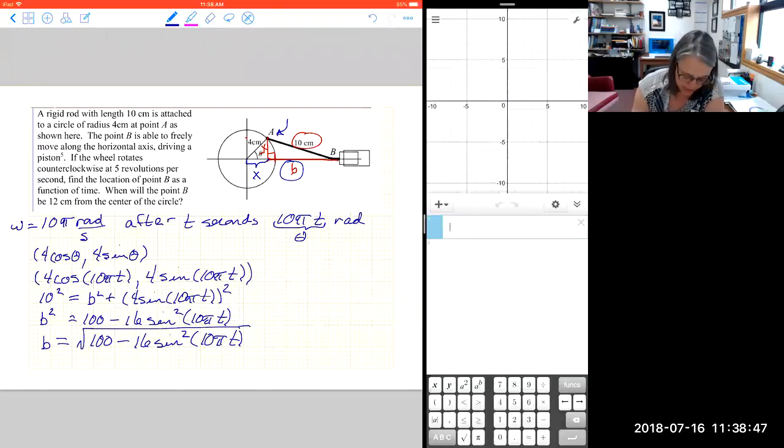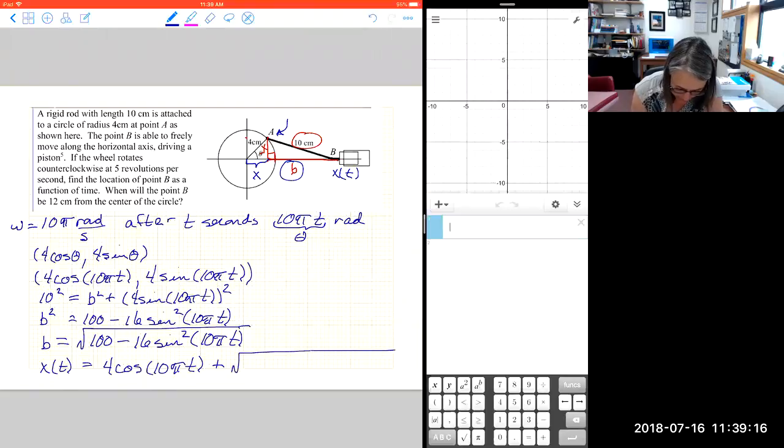So my x of my rod, which I'm going to call x of t, is equal to the x-coordinate of my point, which is 4 cosine of 10 pi t, plus my base of that triangle, which is the square root of 100 minus 16 times the sine squared of 10 pi t.